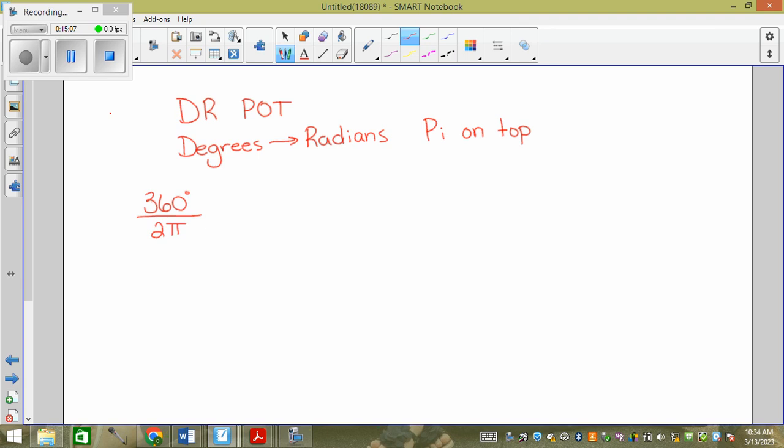And you've done this many times in physics, where you have kilometers and meters or whatever, and you make your ratio of what they are so that you can convert, and you cancel off like terms and it converts it. You do it with hours and minutes. I remember in science 10. But anyways, 360 over 2 pi would be the ratio, correct? Which you can reduce. You can divide them both by 2, and you get 180 over pi.